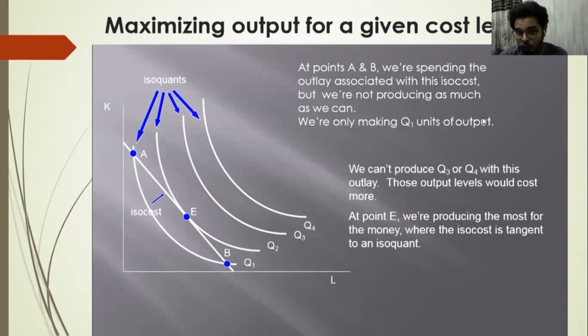I'm on the same isocost line, but I can achieve a higher production. So this will be the optimum one, point E. However, I cannot achieve Q3 or Q4 because that is beyond my financial capacity. My constraint is breached here, so I cannot produce Q3 and Q4. I cannot afford that capital and labor to produce those outputs.